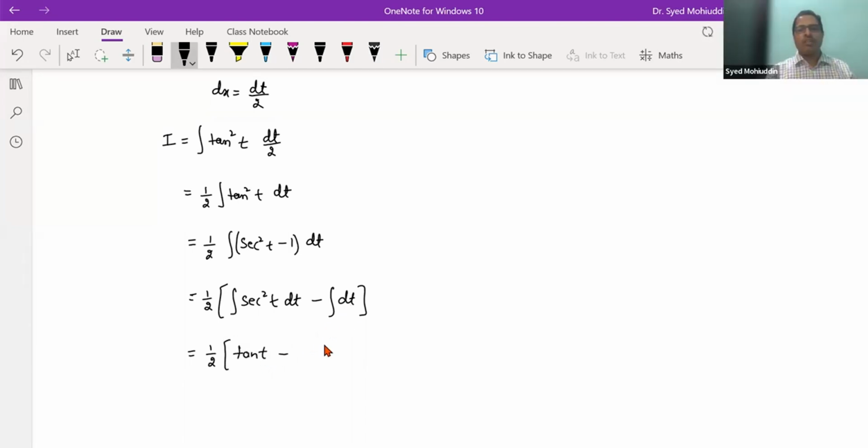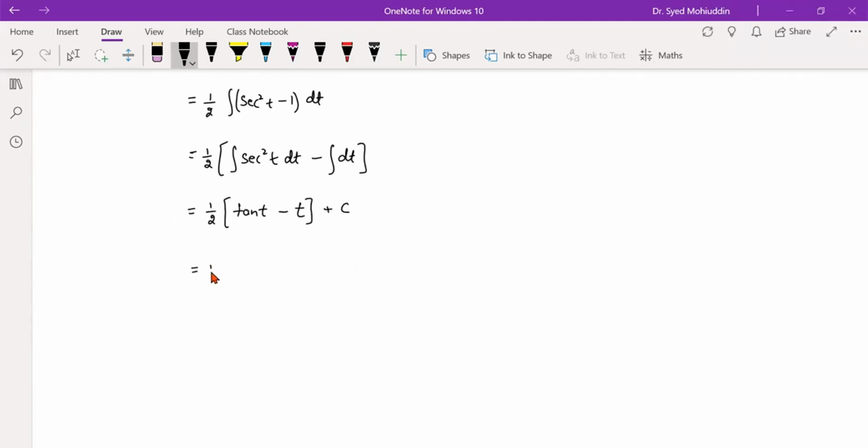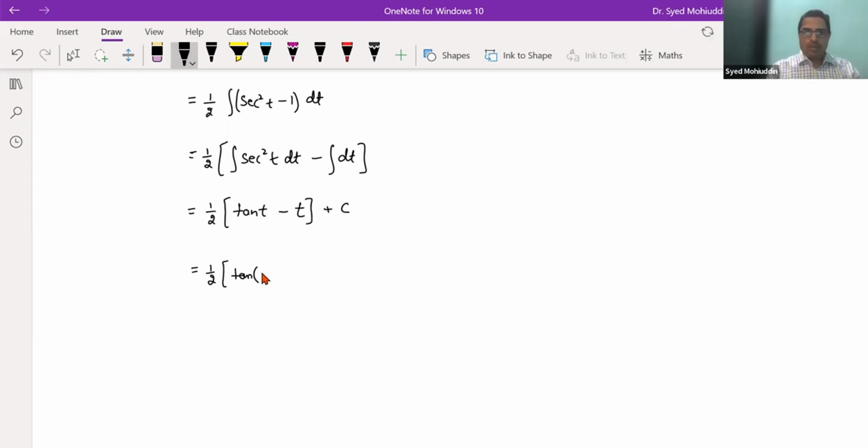Minus the integral of dt, which will be t. Plus the constant of integration c. But what is the value of t that we have over here? 2x minus 3. So tan of (2x minus 3), minus t, which is nothing but 2x minus 3, plus the constant of integration c. That will be the required solution.